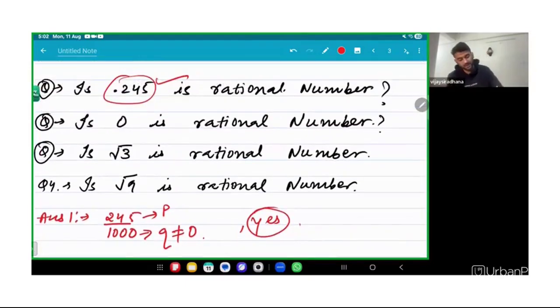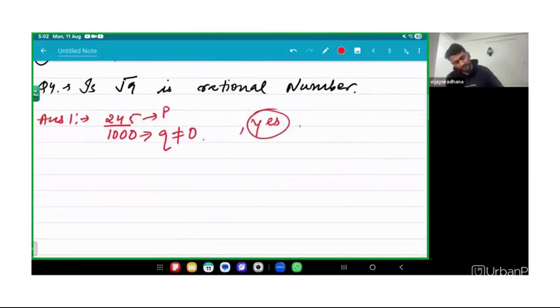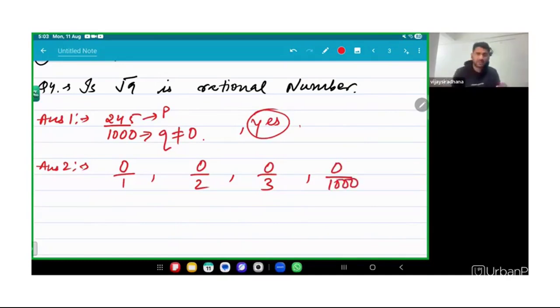Question number 2: is 0 a rational number? Yes, it is a rational number. I'll tell you how. If you write 0 divided by 1, 0 divided by 2, 0 divided by 3, or 0 divided by 1000, it doesn't matter; each is equal to 0.